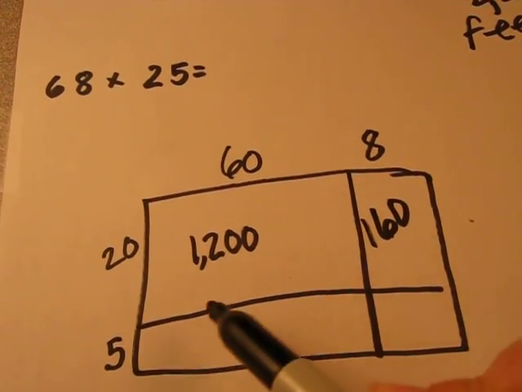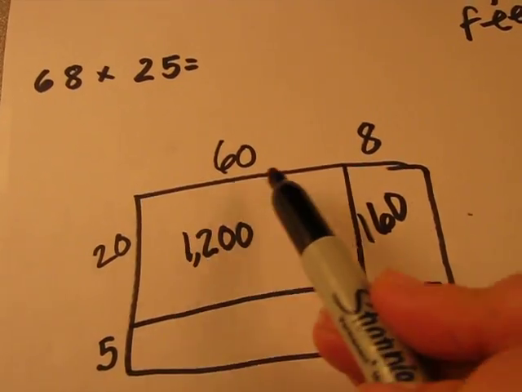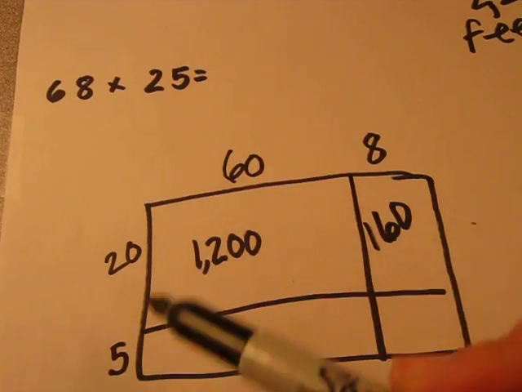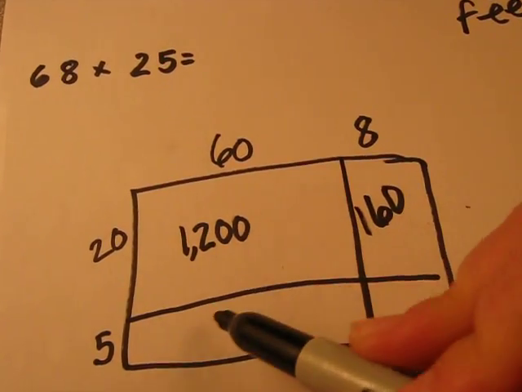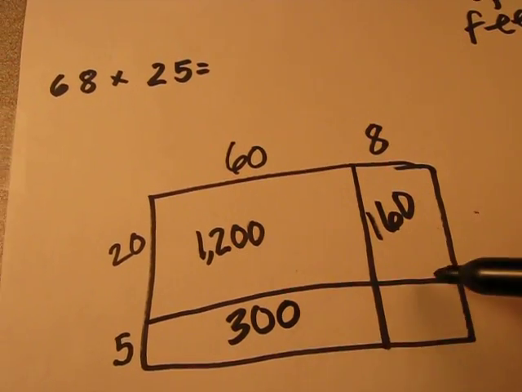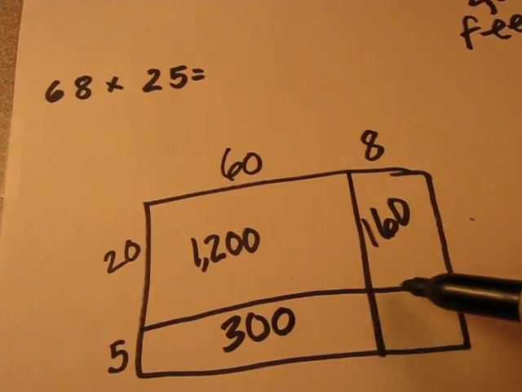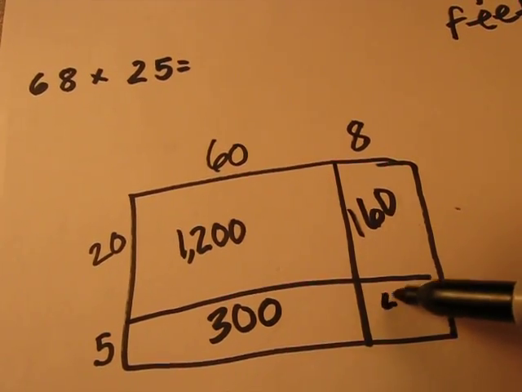This one is a 5 by 60 because this length is the same as this length. 5 times 60 is the same as 5 times 6 with that 0 at the end. 5 times 6 is 30, with the 0 at the end is 300. This last room is an 8 by 5. 8 times 5 is 40.